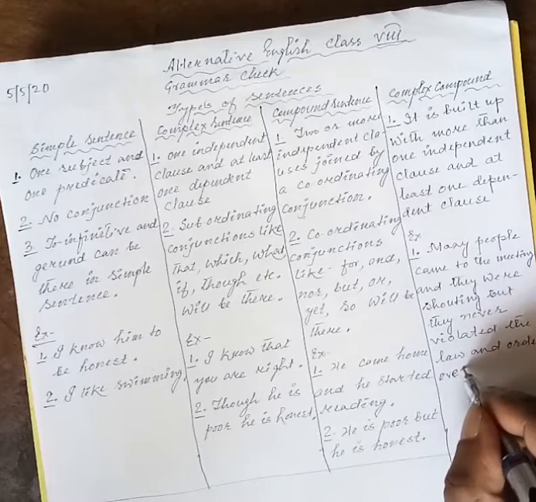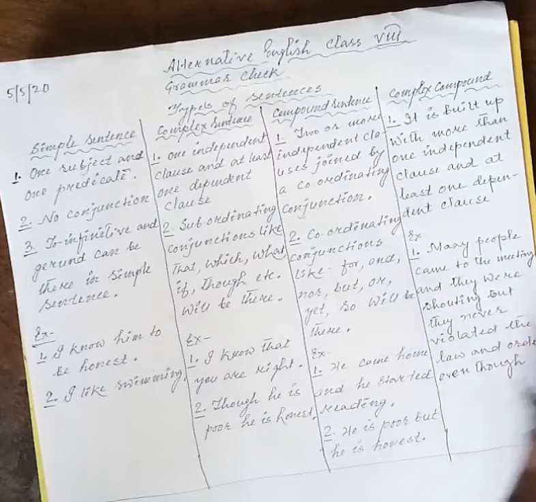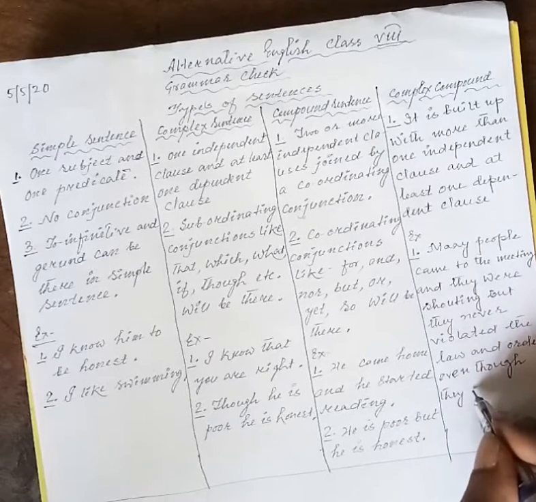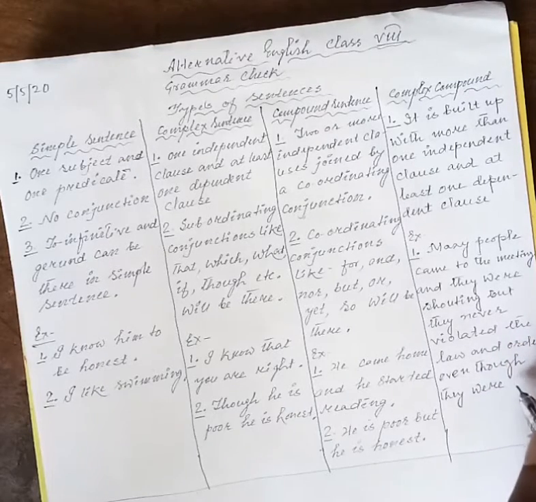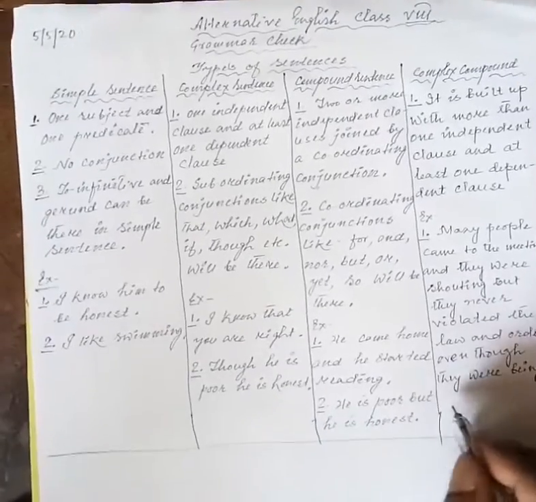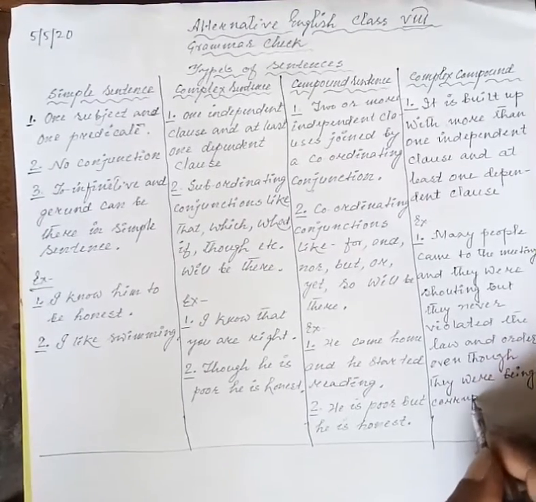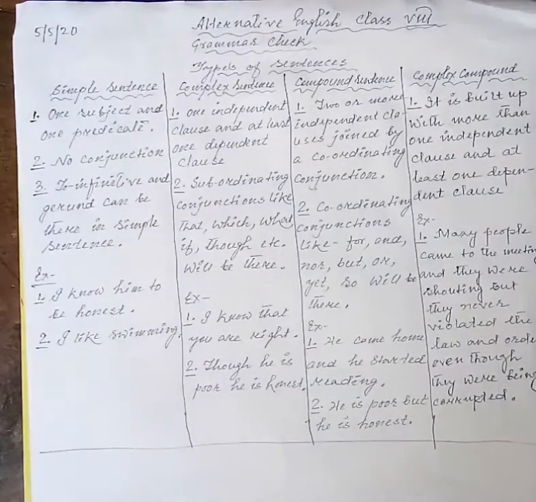Even though they were being corrupted. So this becomes a complex compound sentence now, because here and is used, here but is used.